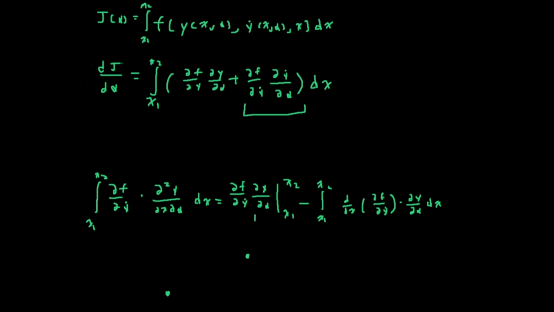So that means that this derivative right here is going to vanish at x1 and x2, because there's no difference. No matter what variation of alpha you have, it's not going to change the y-coordinate right here. So at points x1 and x2, that's just going to vanish.